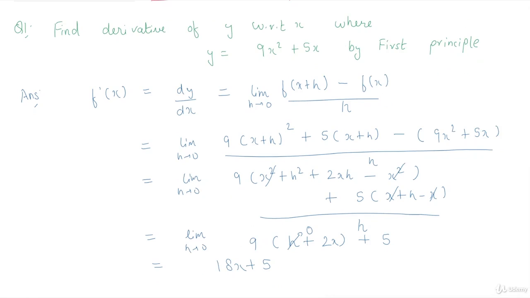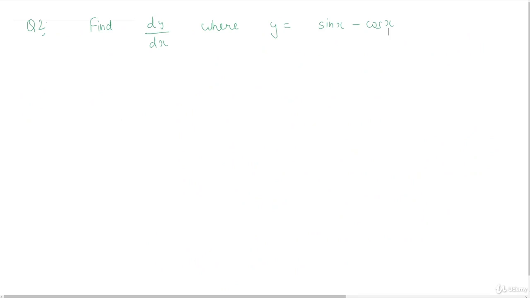So now let's take another example in which we need to find dy by dx, where y is equal to sin x minus cos x. So now let's see how to calculate the derivative in this example.